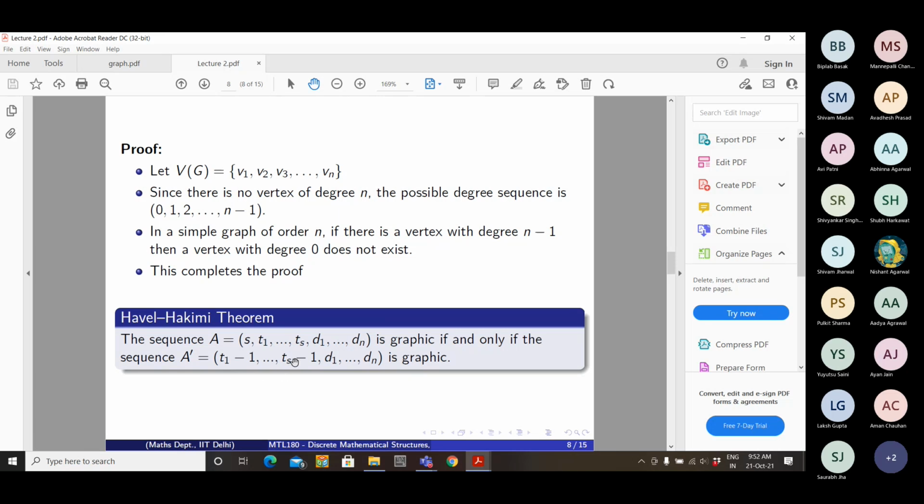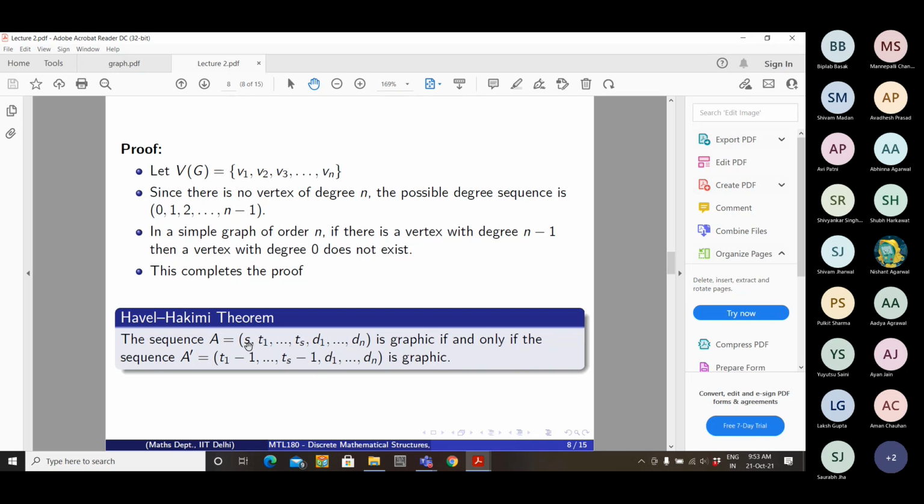Here you can have some confusion: we have taken first S and then T1, T2 up to Ts, and here we are taking the summation up to Ts. Whether this becomes negative or not, it is not possible, because we have taken S here.